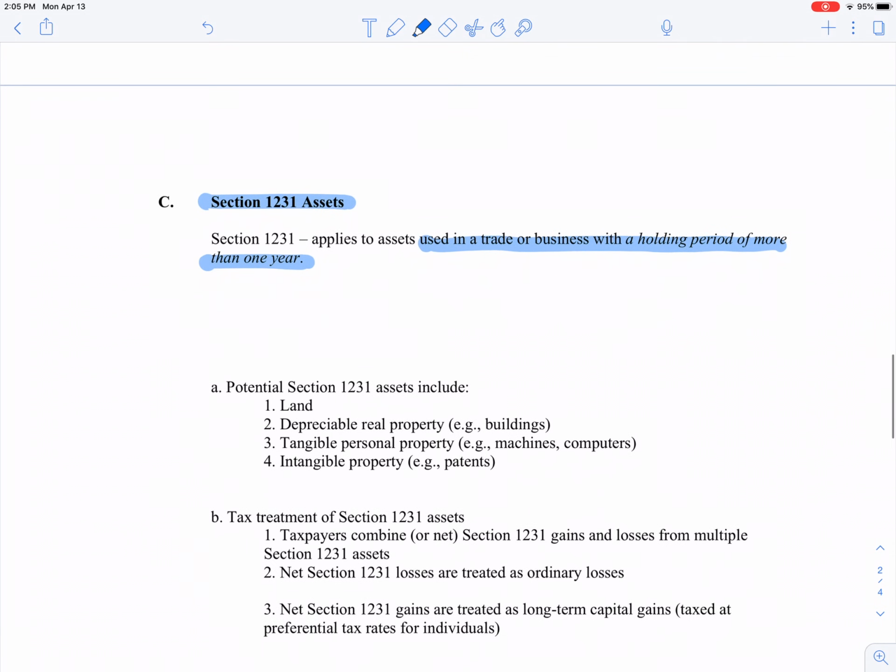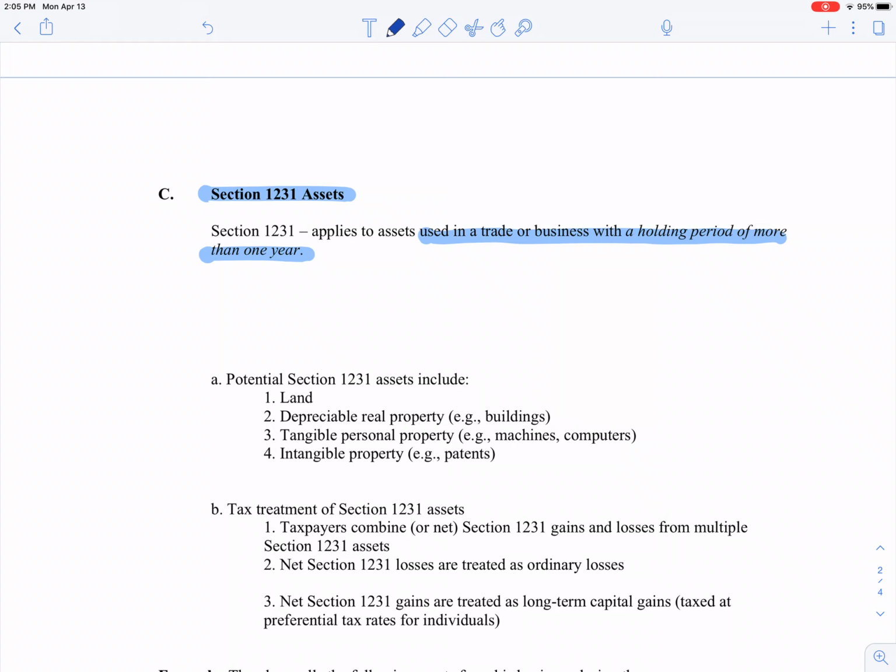So just to give you a little bit of background, Section 1231 started during World War II.